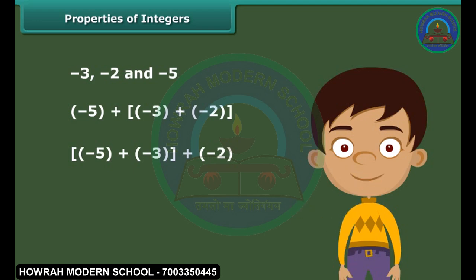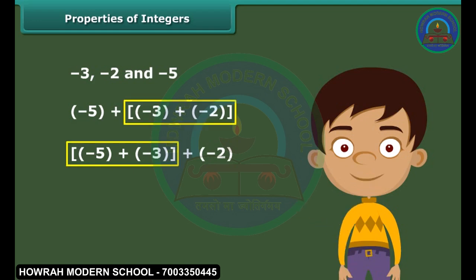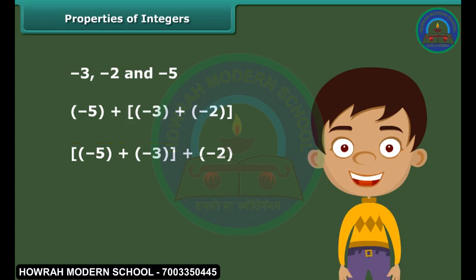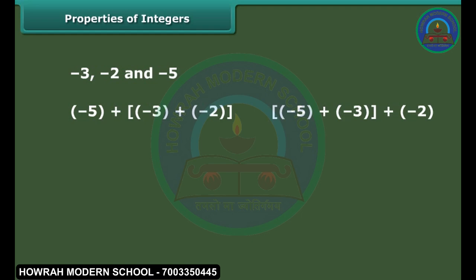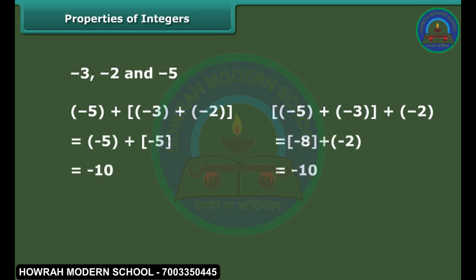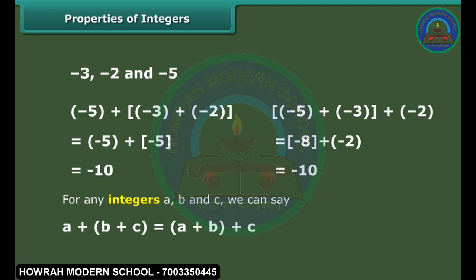In the first sum, minus 3 and minus 2 are grouped together, and in the second, minus 5 and minus 3 are grouped together. In both these cases, we get the answer as minus 10. This shows that addition is associative for integers. In general, for any integers a, b and c, we can say a plus b plus c is equal to a plus b plus c.